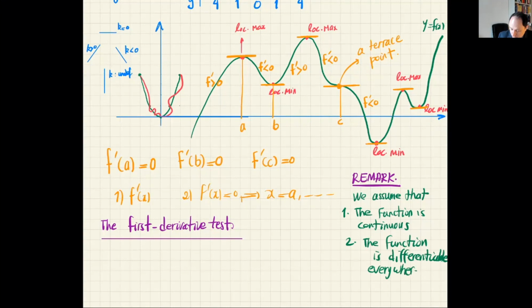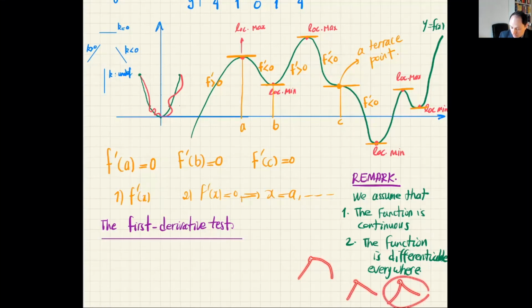So do you remember what I told you about differentiable? It means that there are no sharp points and there are no points at which the tangent line is vertical. Yes, so you shouldn't expect having something like this. This is a sharp point. This is a sharp point. This is a sharp point.